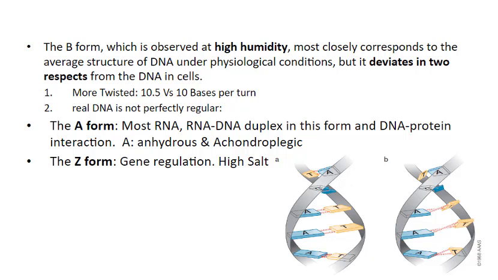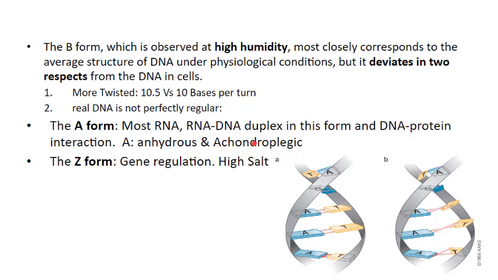When RNA is double helical, the main form of RNA is the A form. The double helical structure of RNA is the A form. So it is important to understand about the A form. Most RNA is A form, RNA-DNA duplex is in A form, and A form is present in dehydrated conditions. How I remember it is: A is for anhydrous and achondroplasic.